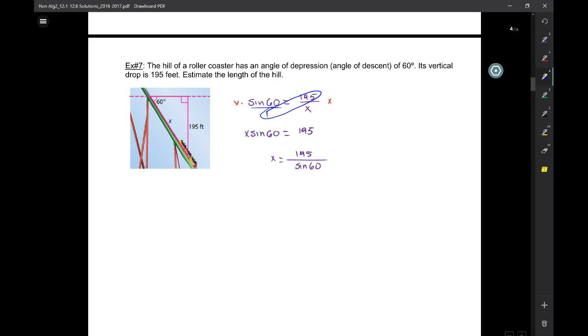You multiply everything on the diagonal, and you divide by the one you haven't used. So you can skip that middle step. In fact, I want you to get into that habit. So it's 195 over sine of 60. You can do that anytime, okay? So this is 195 over sine of 60.